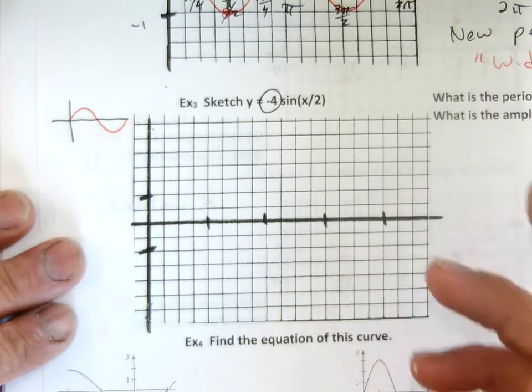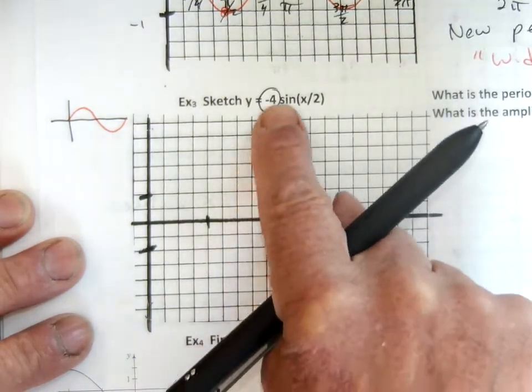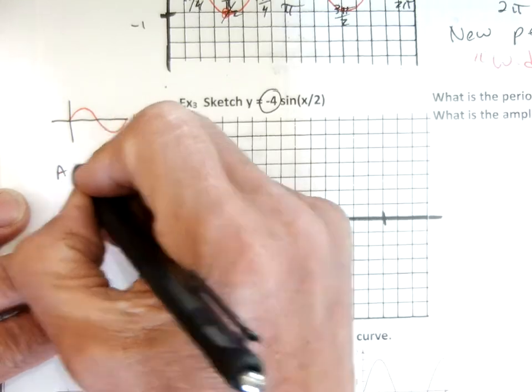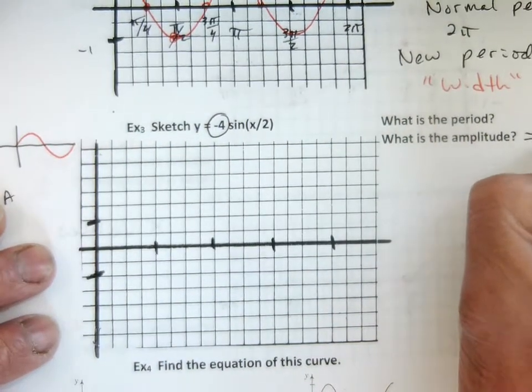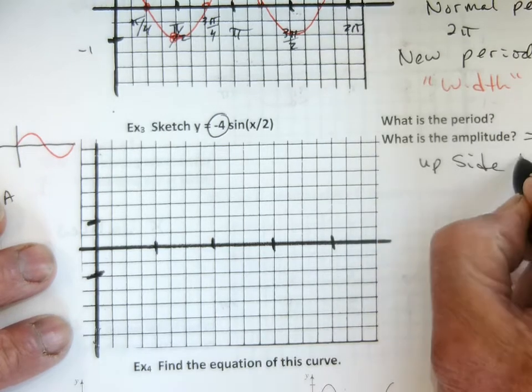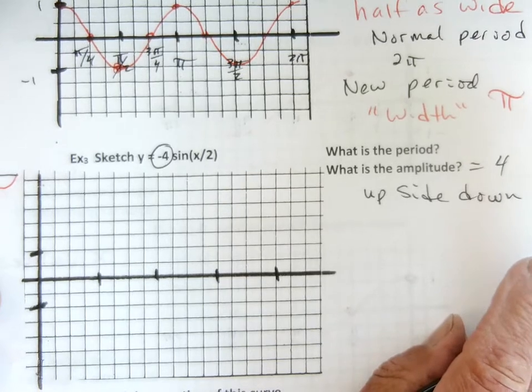So it's going to look something like this. Okay, upside down, amplitude of 4, and it's a reflection over the x-axis. Okay, so I know this.